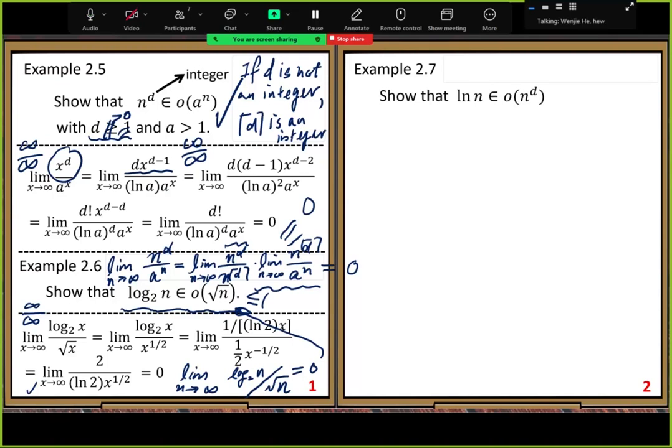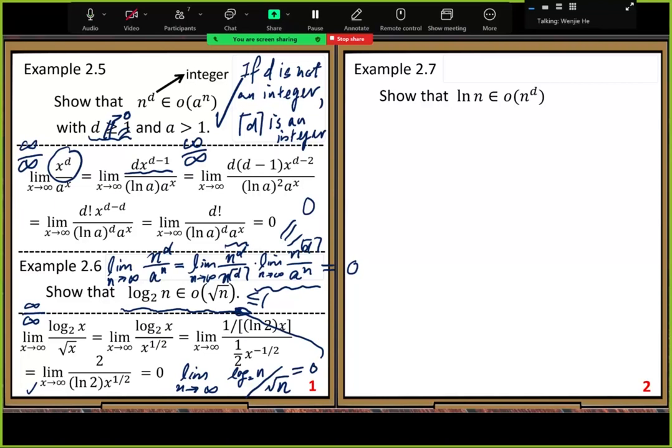Now, similar to the previous question, but we modify slightly. Instead of log base 2, we use the natural log. In calculus we know that if we use the natural log, many computations related to derivatives and integrals are much easier.